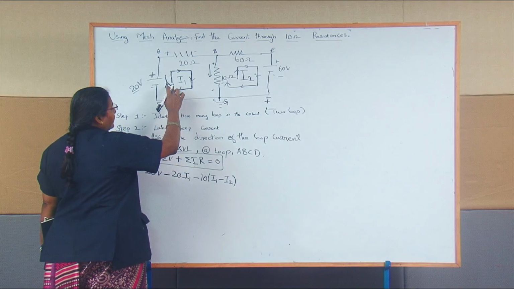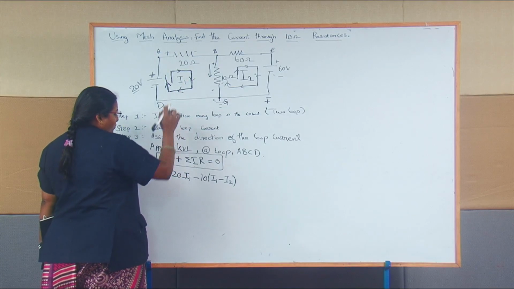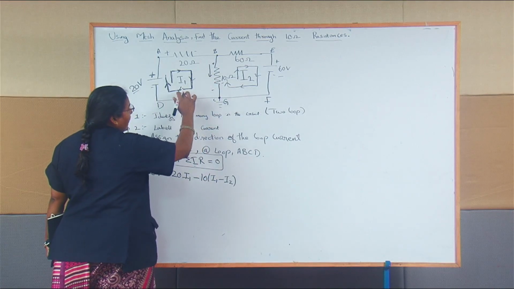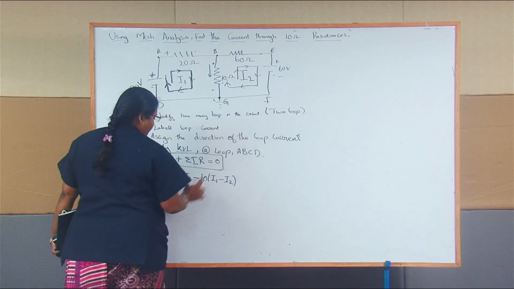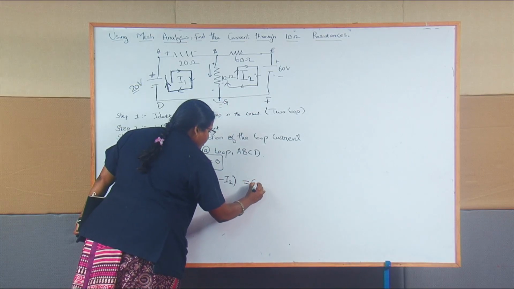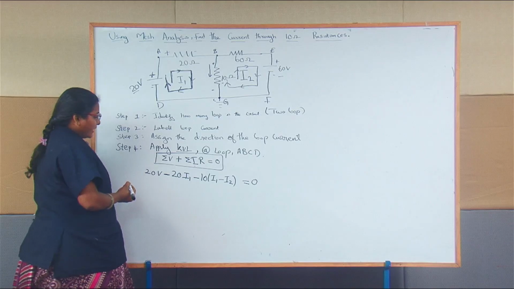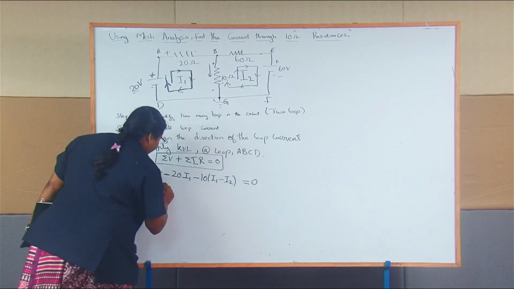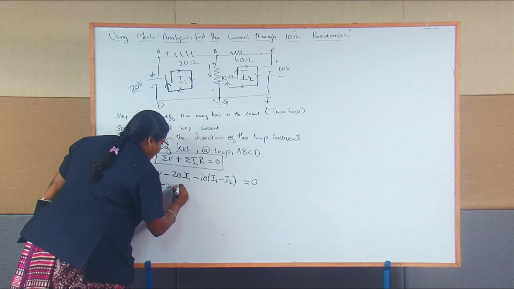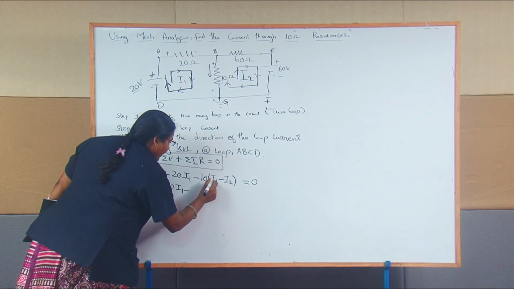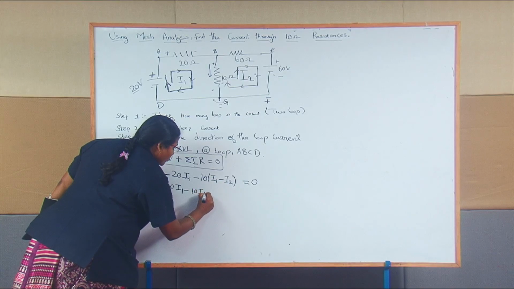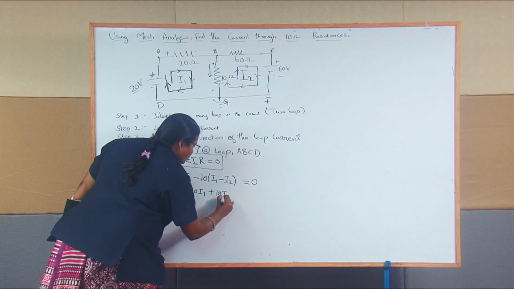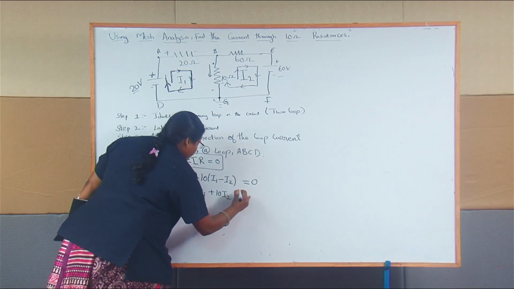So I am writing the equation for loop 1: 20 minus 20 I1 minus 10 (I1 minus I2) equal to 0. I am going to simplify this equation. 20 minus 20 I1 minus 10 I1 plus 10 I2 equal to 0.